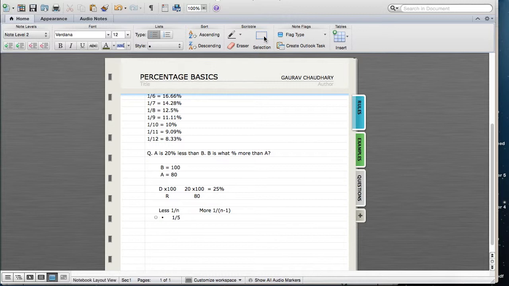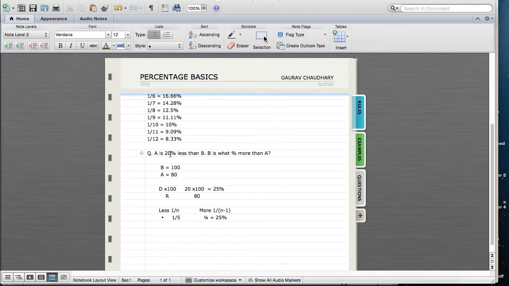And 1 by n minus 1, which means 1 by 5 minus 1, is 1 by 4. And 1 by 4 is equal to 25%. See, the answer is same. And the second method will take around 5 seconds.